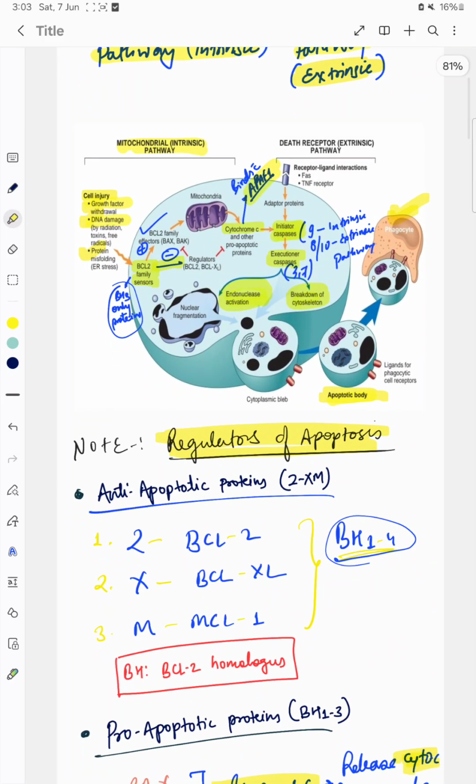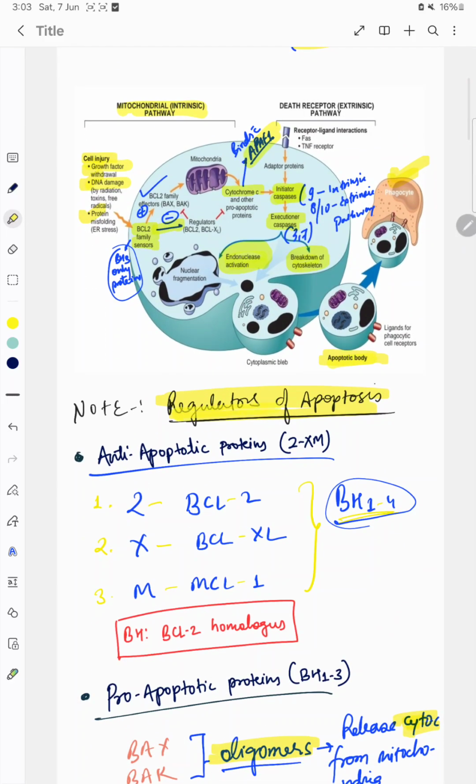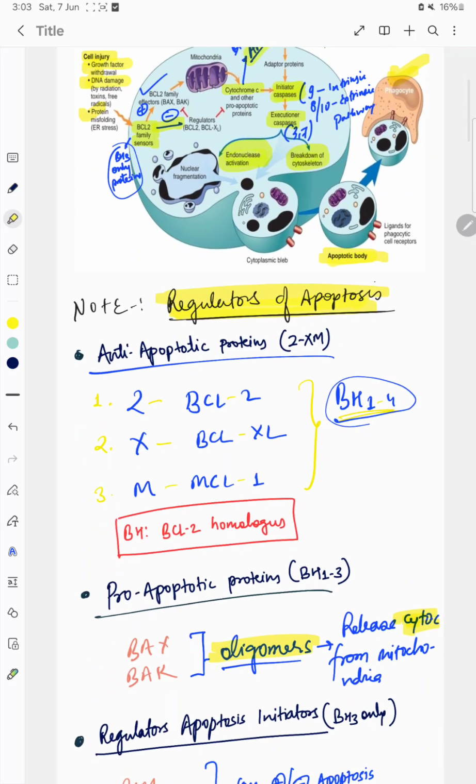Now we will see the regulators of apoptosis. In this category, first are the anti-apoptotic proteins, those which oppose the process of apoptosis. The mnemonic is 2XM: 2 is for BCL2, X for BCL-XL, and M for MCL1.